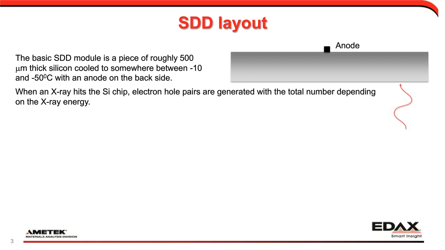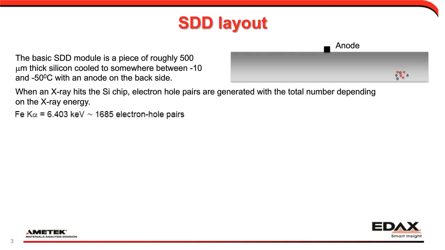The number of electron hole pairs we generate will depend on the band gap of the device. If we have an iron X-ray at roughly 6.4 keV, and assume an electron hole pair energy of 3.8 eV, we get an iron X-ray generating about 1,680 electron hole pairs inside the silicon chip.